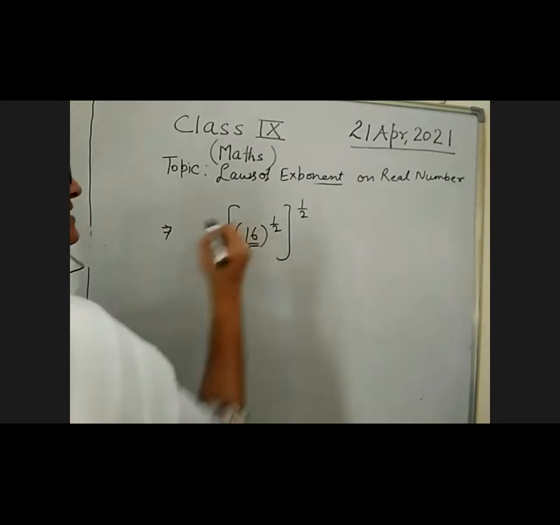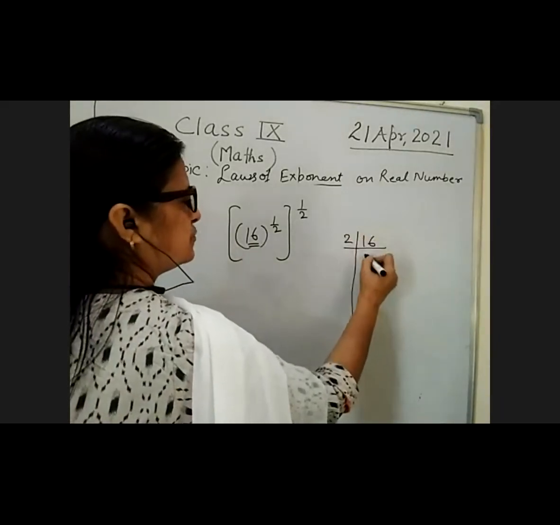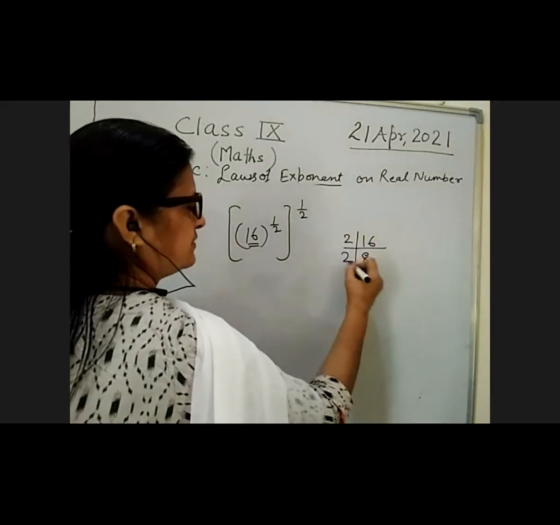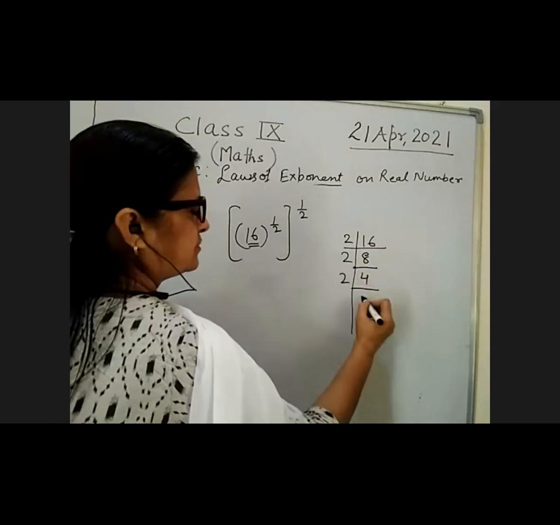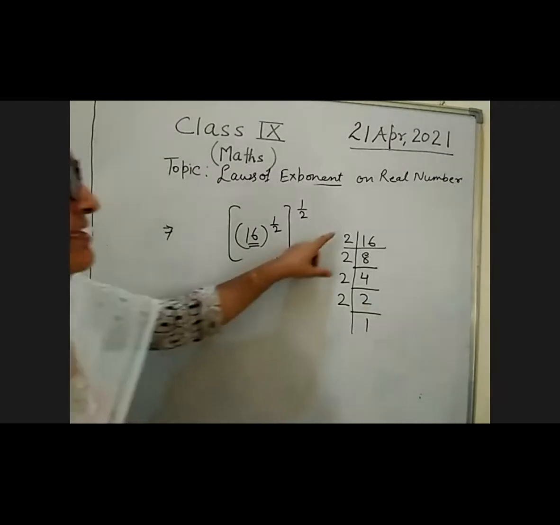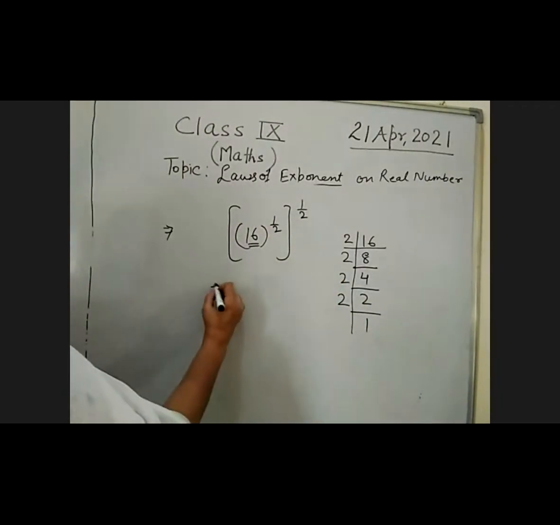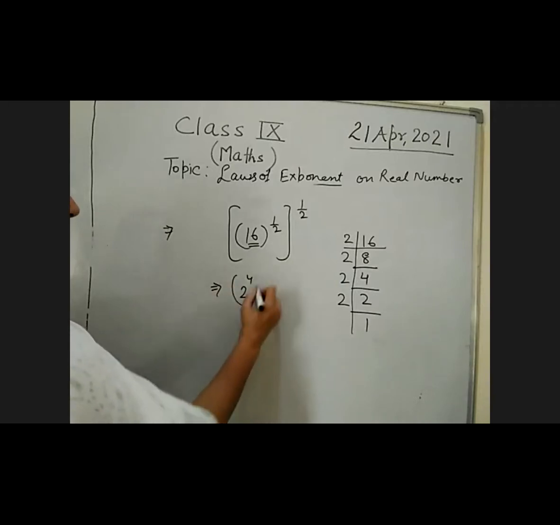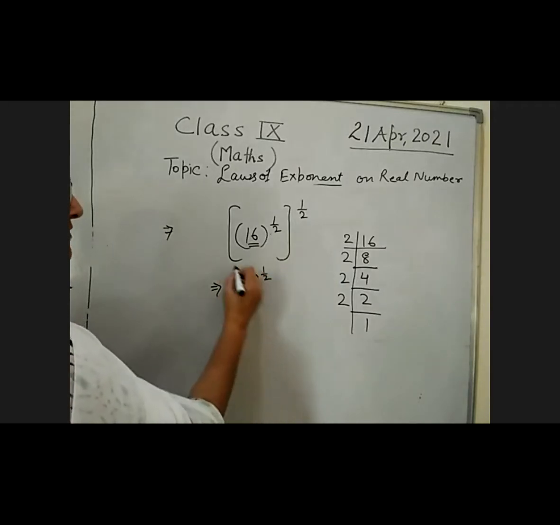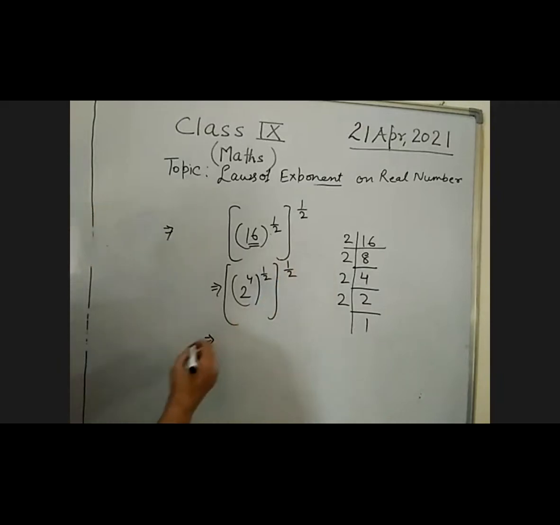First, the prime factorization of 16: 2 8s are 16, 2 4s are 8, 2 2s are 4, 2 1s are 2. It is equivalent to 2 raised to the power 4. And the power is given half, and again power is given half. So how you will solve this?